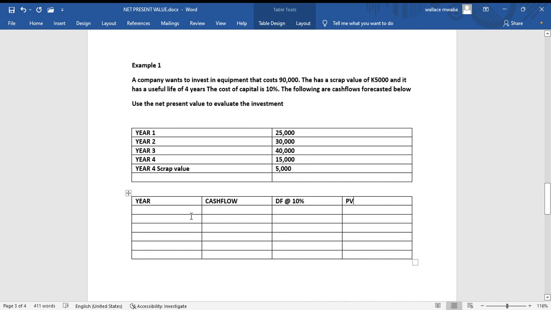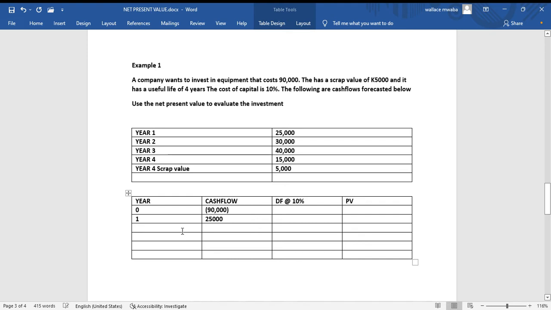So year 0, which is the first day of year 1, is when we're going to be buying the equipment. So we're going to spend 90,000. We'll make it negative because this shows that money is coming out of our pocket. So year 0, we pay the same 90,000. At the end of year 1, we expect 25,000.